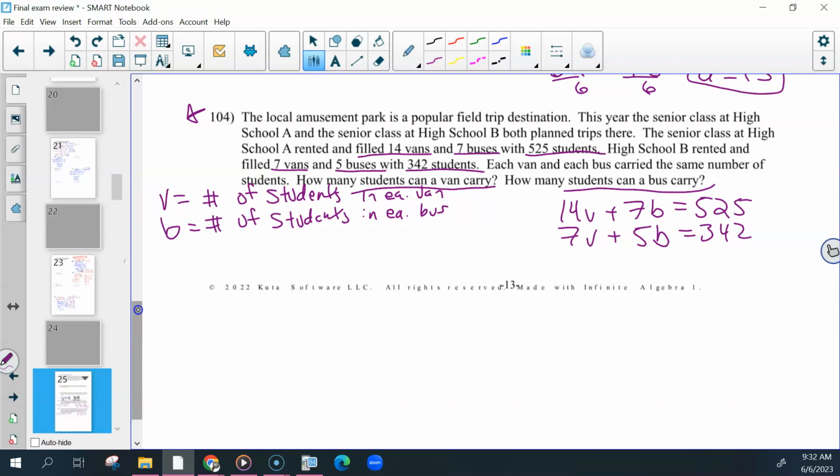In this one, we're going to use elimination again because substitution wouldn't be very nice. You have fractions, and graphing would also not be nice because we don't have nice numbers. So let's make these the same by multiplying this by 2.